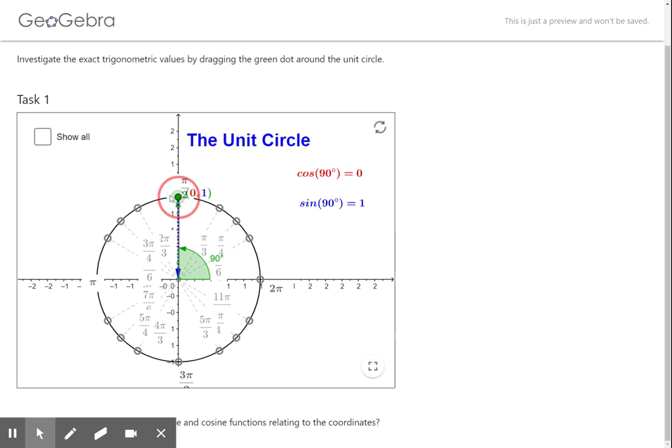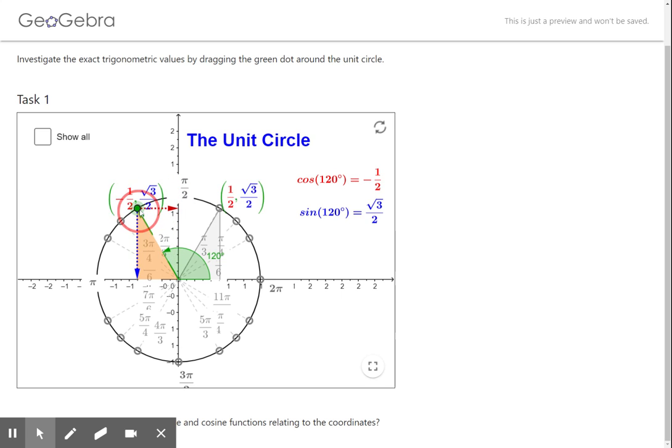Now, here's the interesting part. Let's go to quadrant 2 and find this angle here, which is 120 degrees. When we look at this orange triangle, we see that this 120 degrees really is our 30, 60, 90 triangle with a 60-degree angle here, the same triangle.